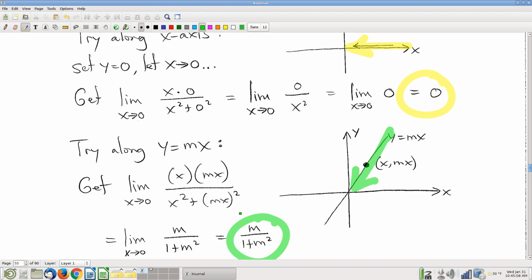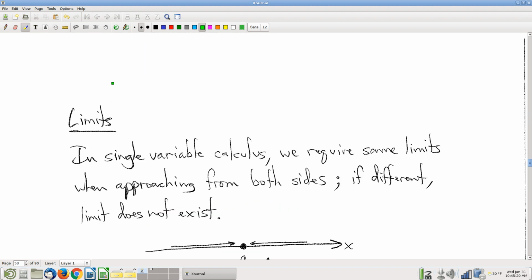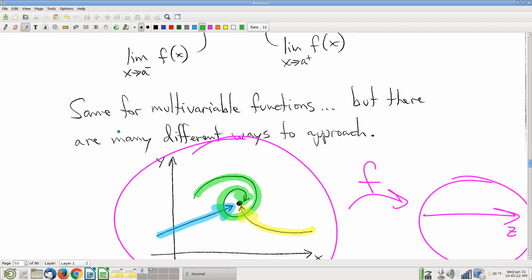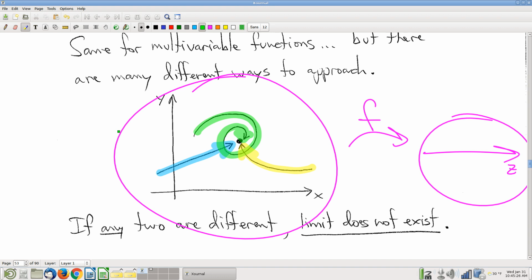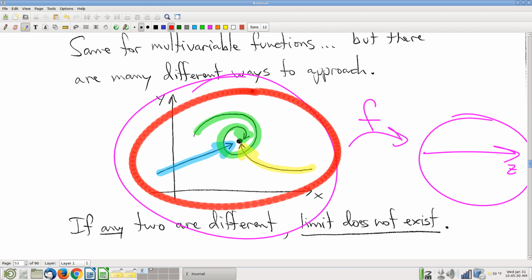Okay, now what do we know? We haven't checked every path, but we've checked a lot of paths. But remember, here's a big point. For limits to exist, we need all of these different answers that I get along all of these different paths all to give us the same value.